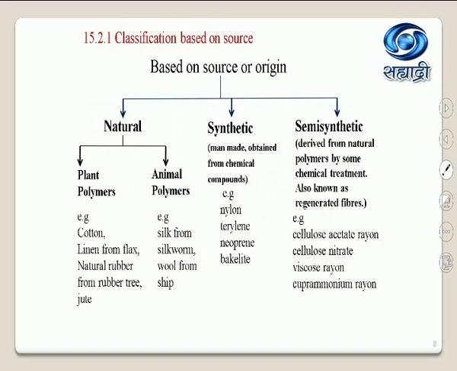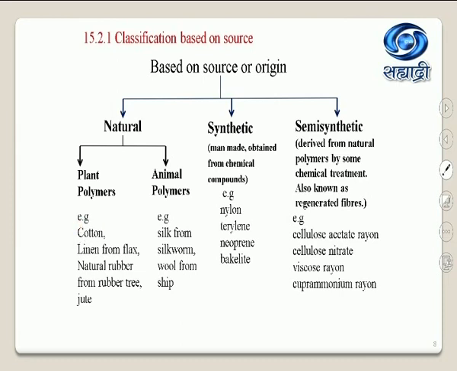First classification, which is based on source or origin. So these polymers are further classified as natural polymers. That means whether they are obtained from plants or animals. So plant polymer means these polymers are obtained from plants.